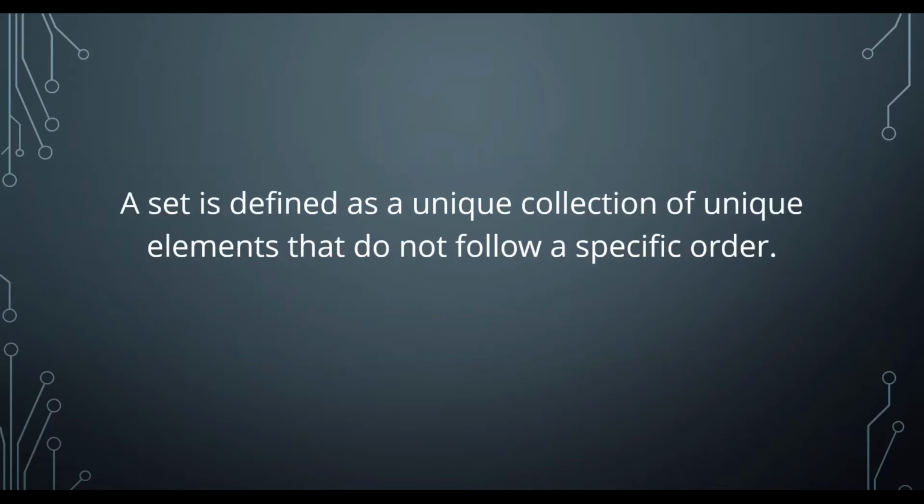A set is defined as a collection of unique elements that do not follow a specific order, which means that inside a set, for example, we cannot find two elements that are the same.